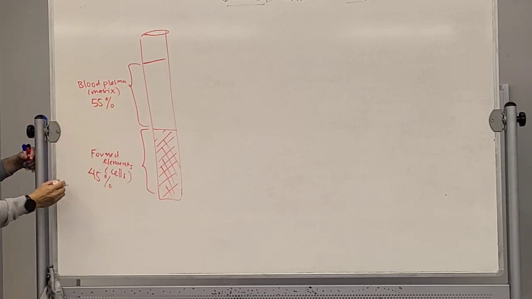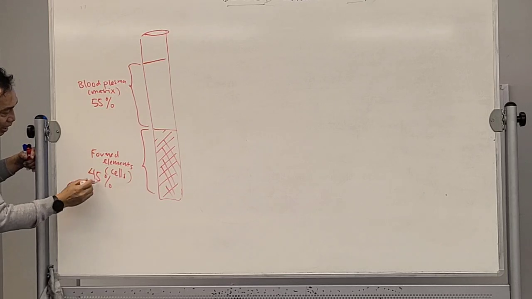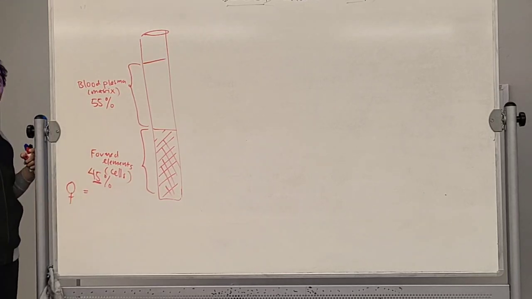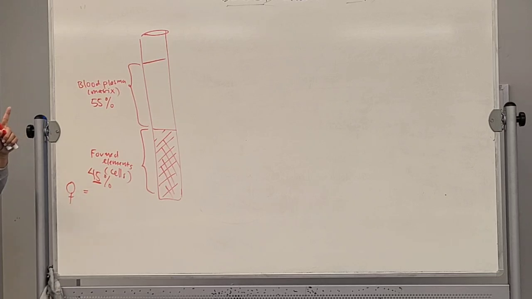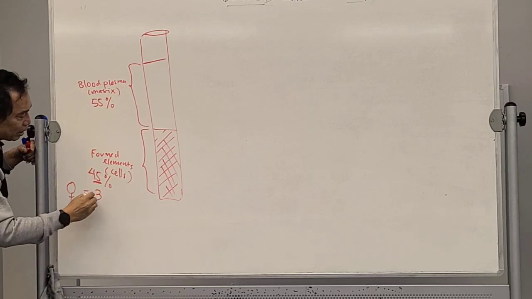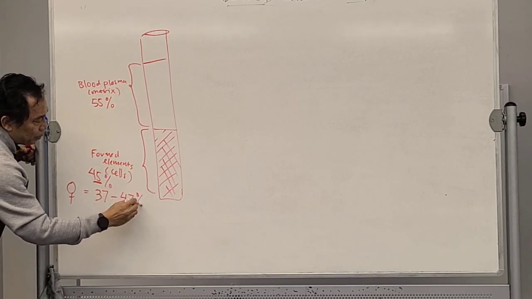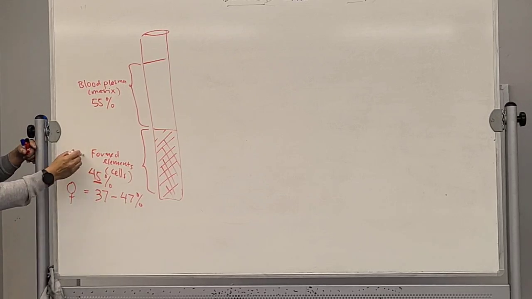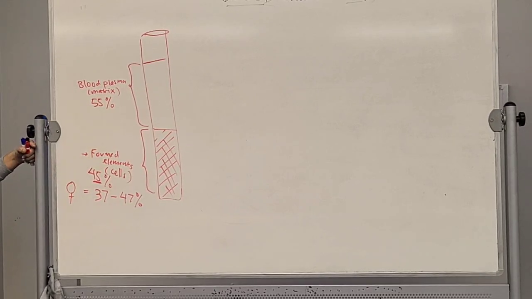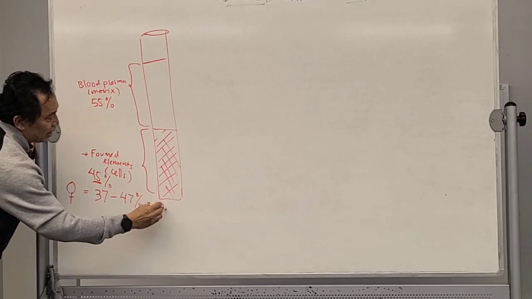Now for female, even though it says 45, remember homeostasis is usually a range, not a fixed number. So for female, if they have 37 to 47% of these formed elements, it's going to be normal, healthy.